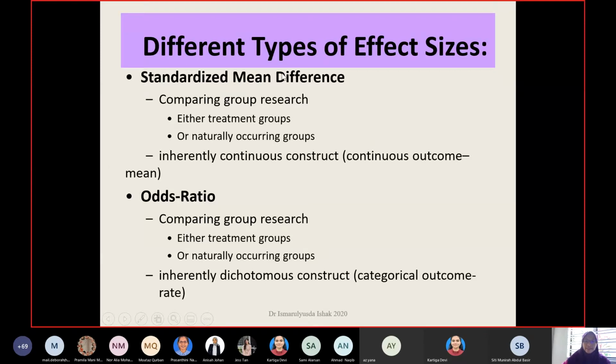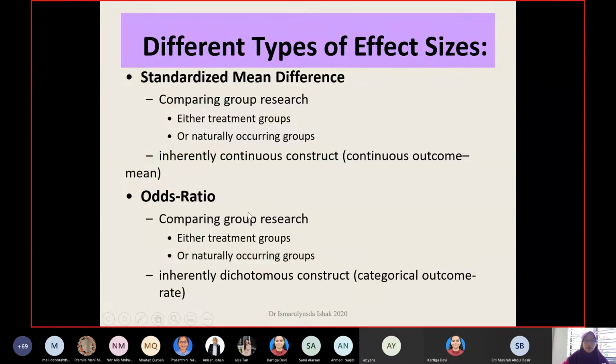For standardized mean difference, for those of you who want to do research comparing groups, different groups, either treatment groups or naturally occurring groups, this is between two independent groups, treatment and maybe control, with a continuous outcome.